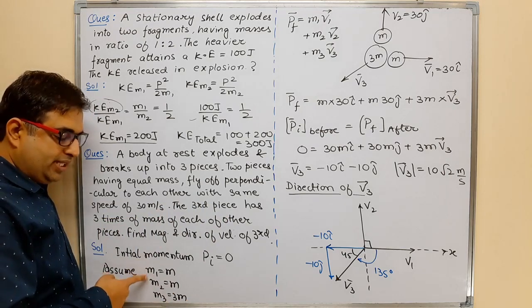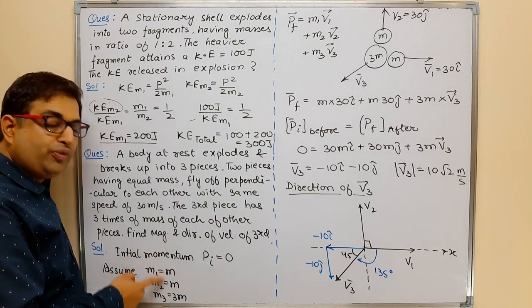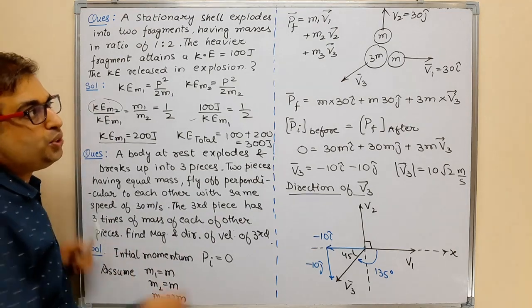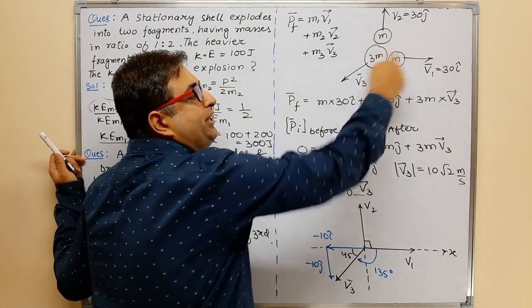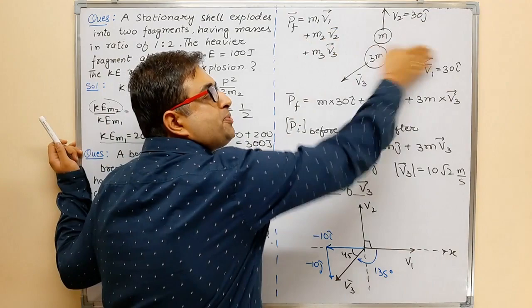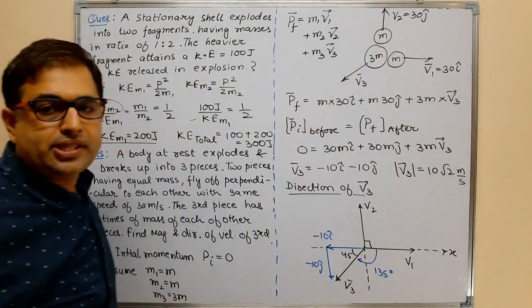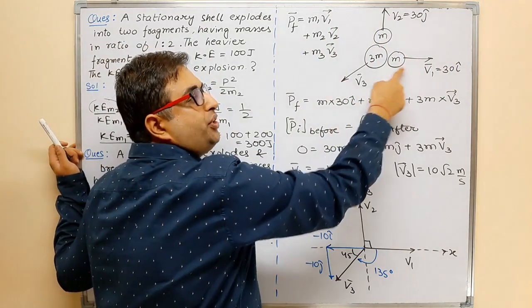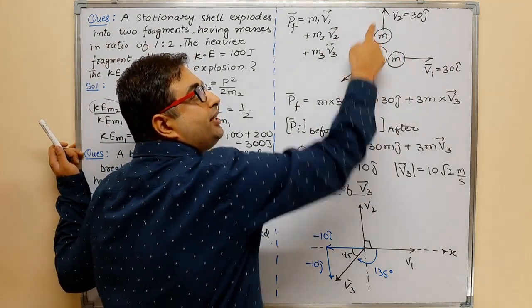So 2 masses m and the third one is 3m. These 2 are moving perpendicular to each other. So here m and m, this is m1, this is m2. They are moving perpendicular to each other. For our comfort, I am assuming this mass is going towards x-axis and other mass is going towards y-axis. So velocity of this mass is 30 i cap and velocity of this mass is 30 j cap.